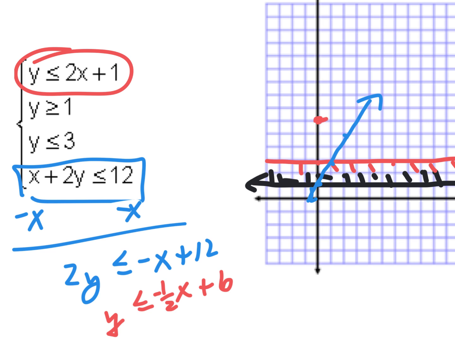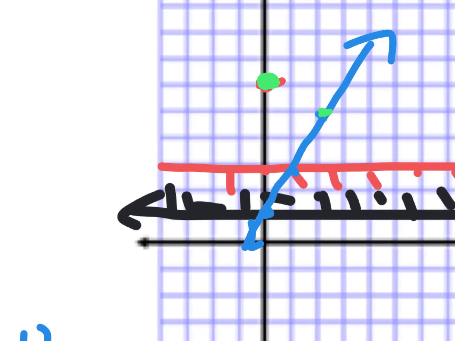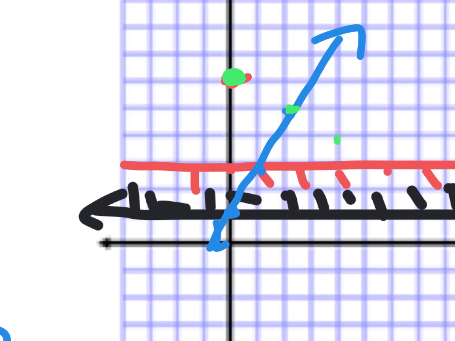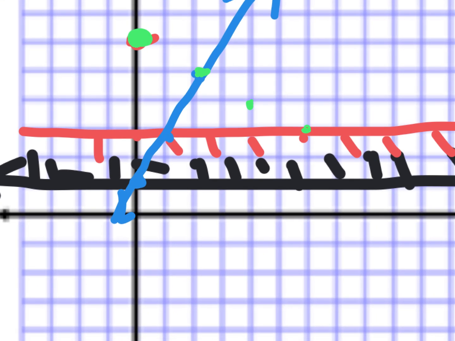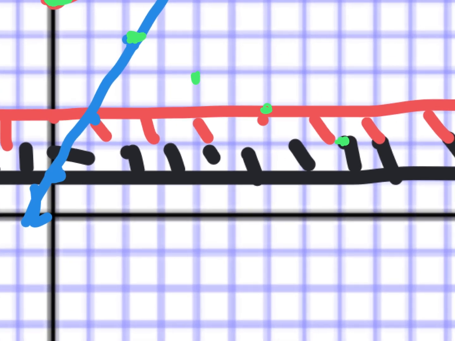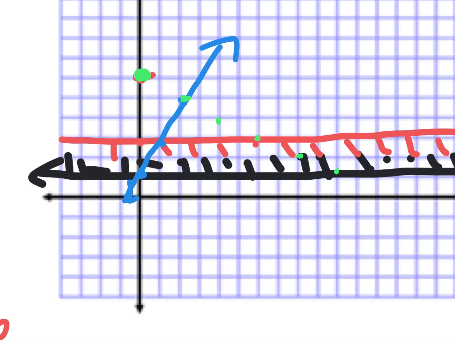I'll make this line green maybe. I go down 1 over 2, down 1 over 2, down 1 over 2. Every now and then kind of come up for air and figure out, was it going in a straight line? Yeah, it's a straight line.